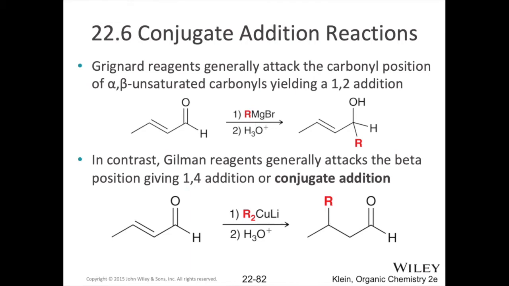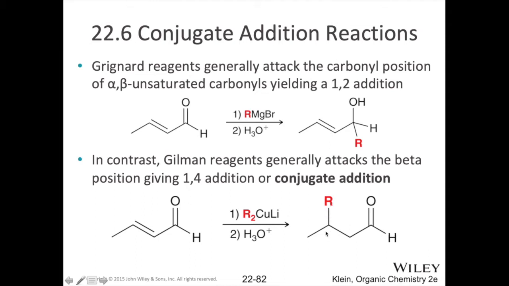Okay, so that's something to keep in mind from a synthetic standpoint. So if you notice that we're starting off with an alpha beta unsaturated ketone or aldehyde, and you want to make something where you've got an alkyl group at this carbonyl position, which now becomes an alcohol, right? An alcohol with an alkene that's 2 carbons away.